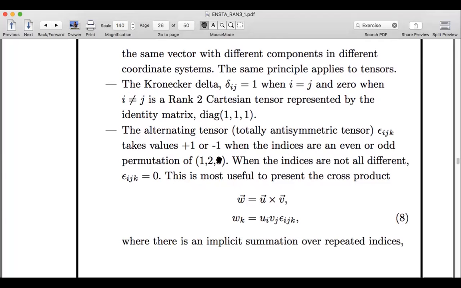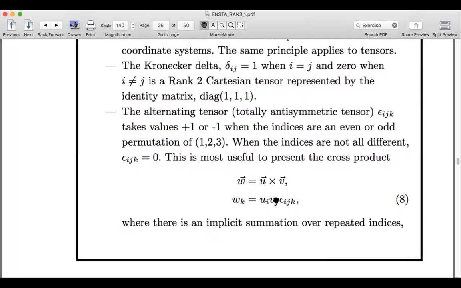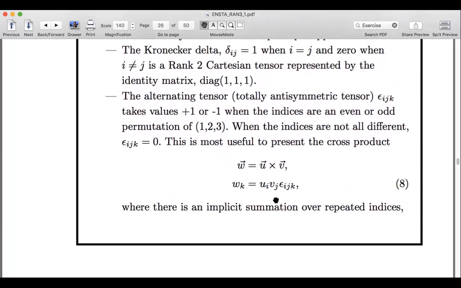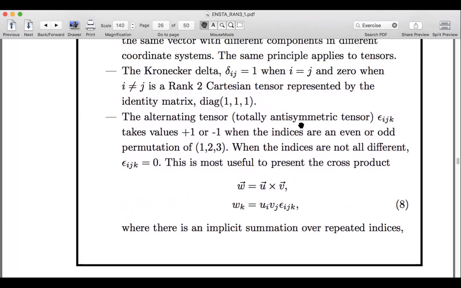It can also take the value 0, but it takes +1 when i, j, k are even permutations of 1, 2, 3, and it takes the value -1 when i, j, and k are odd permutations of 1, 2, 3. And this epsilon ijk, or alternating tensor, is extremely useful. You can use it to represent the cross product or the vector product between 2 vectors.